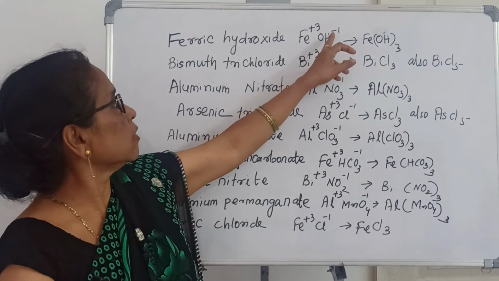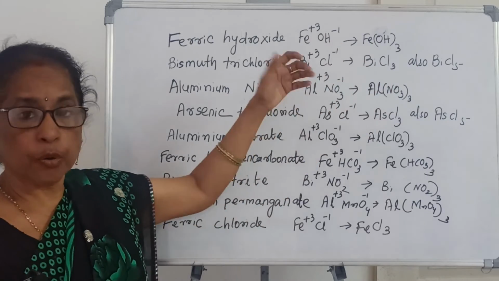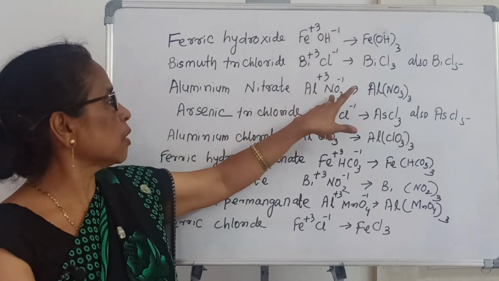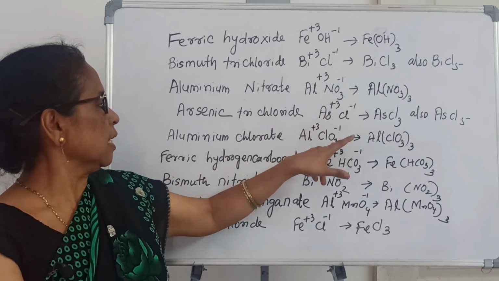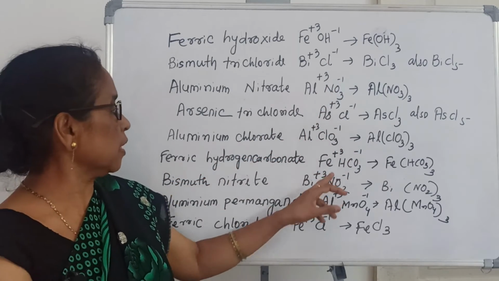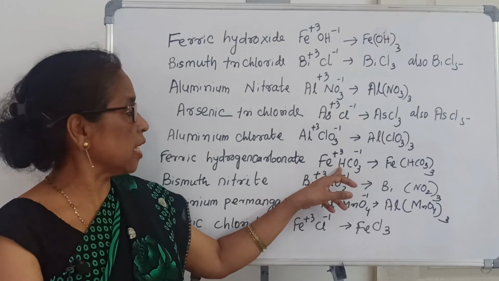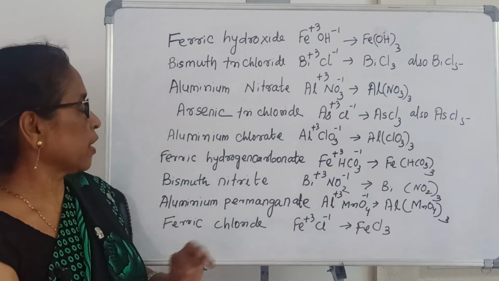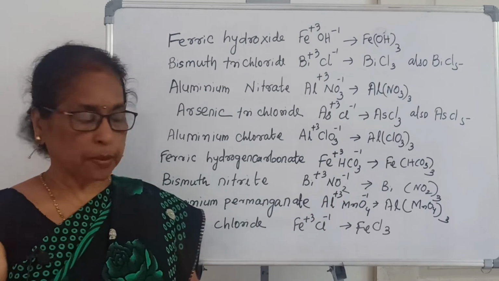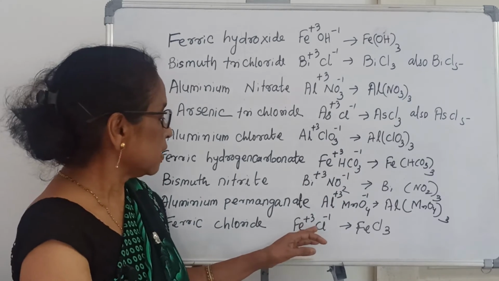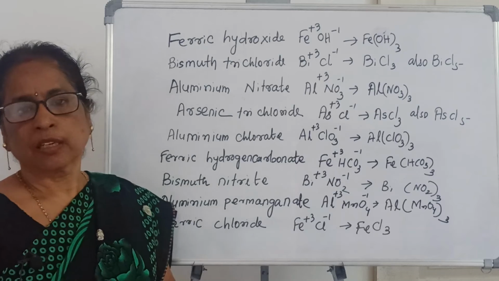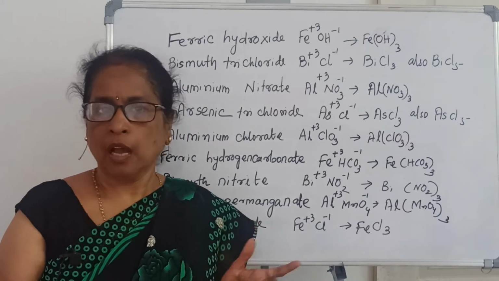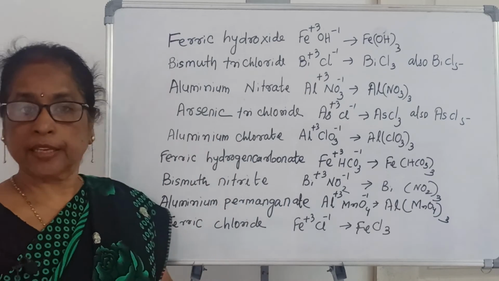And here the radicals for anions, monovalent anion: OH -1, Cl -1, NO3 also -1, similarly ClO3 -1, hydrogen carbonate -1, NO2 -1 nitrite, MnO4 -1, that is permanganate, and Cl -1, that is chloride. Now these are the examples I have explained here.